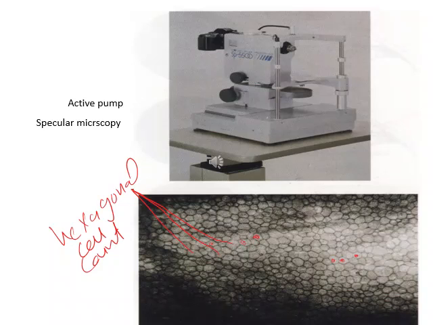An important tool is to measure the endothelial cell count and the hexagonal cells. Not only the total cell count, but we should know the hexagonal cells within the endothelium.